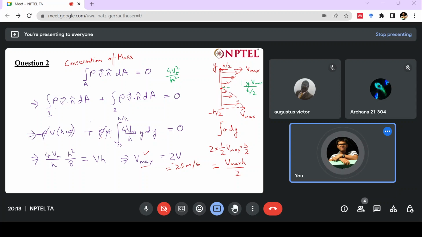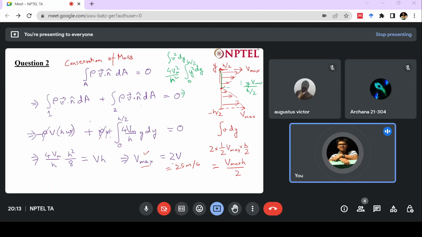Of this V square, I am solving for the integration of V square. So V square I have put it here. 4 Vm square by h square is coming out. What is remaining is y square, from 0 to h by 2. I am solving only for the upper part, because the lower part is symmetrical. If I just multiply this answer by 2, I will get the lower part.